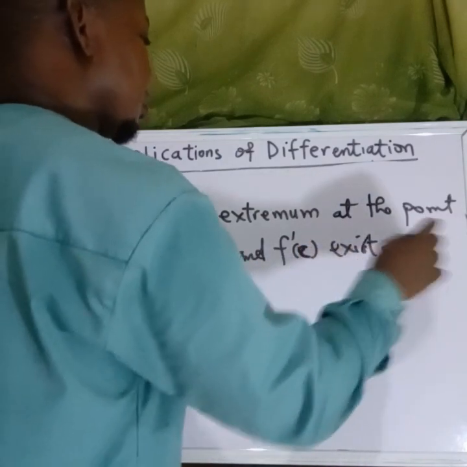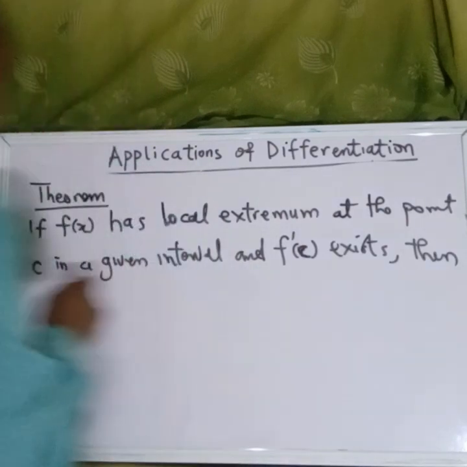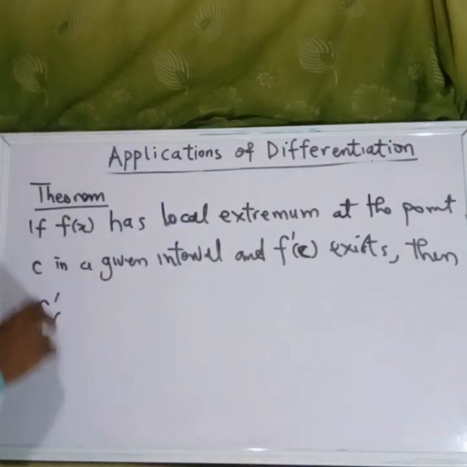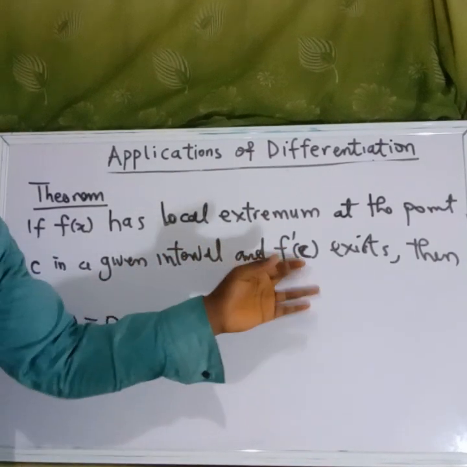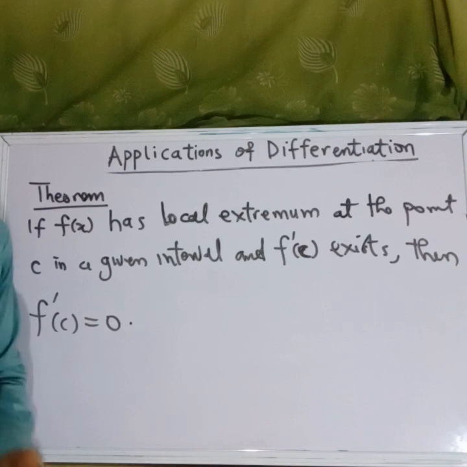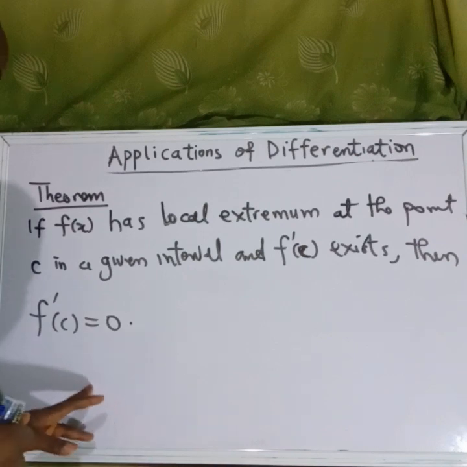What this is saying is that the slope at c must be 0. So this theorem is actually telling us the condition under which, if a function has local extremum and the derivative at that point exists, then the slope of that function is 0.